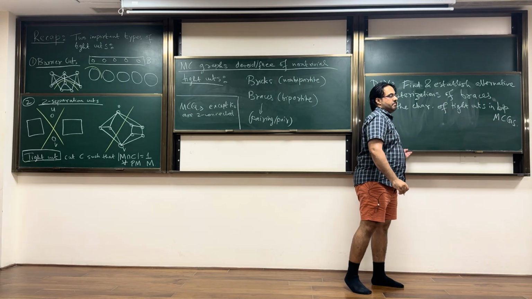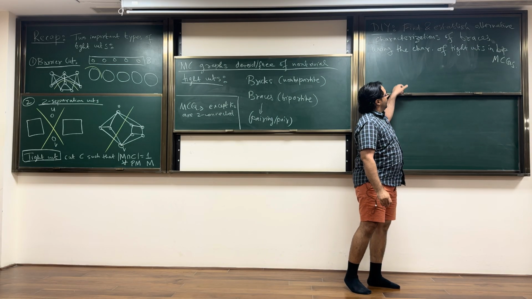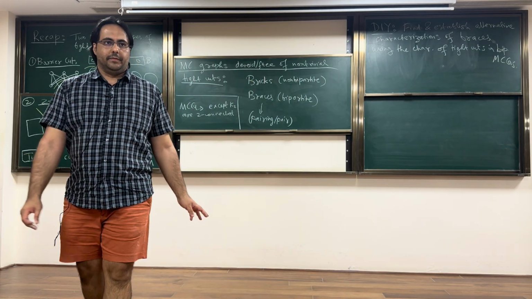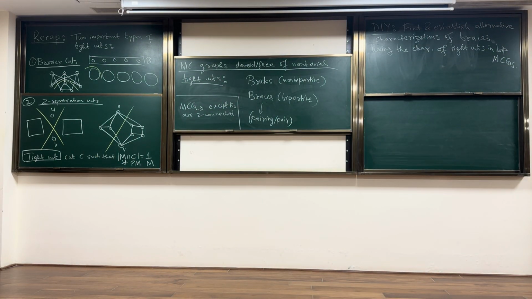Yeah, we will discuss it later in a couple of lectures, but hopefully if you all think about it, you will automatically see some 2 or 3 different characterizations. They are all basically equivalent, and they are very useful.